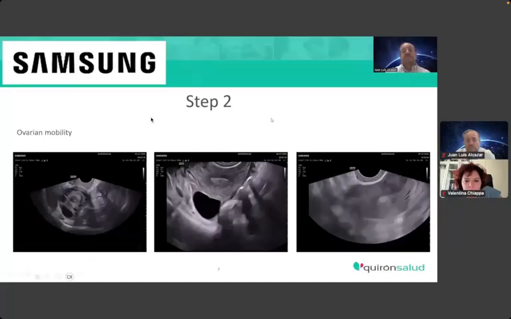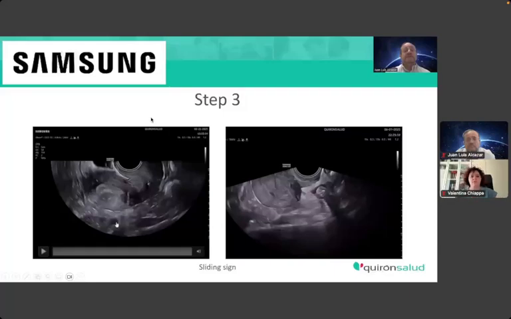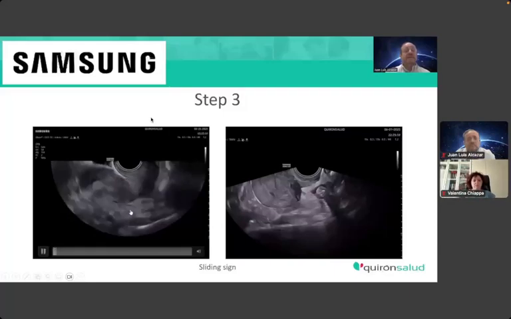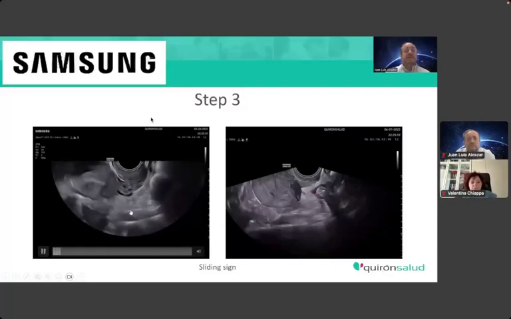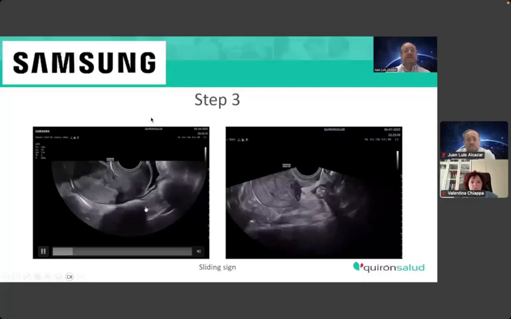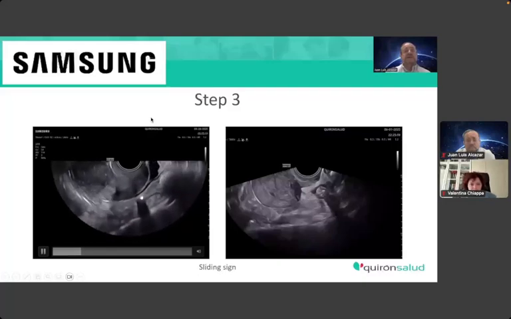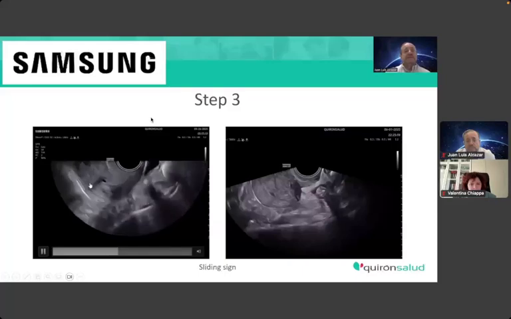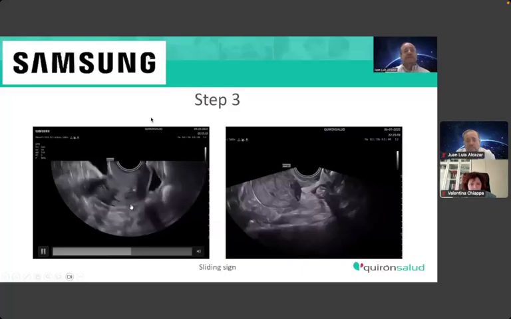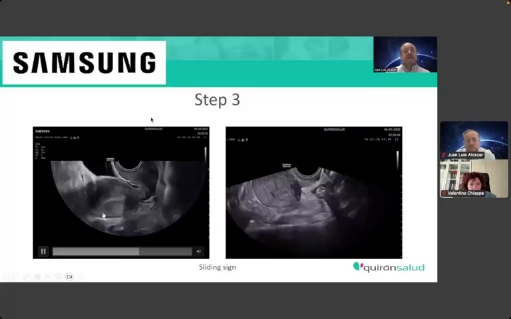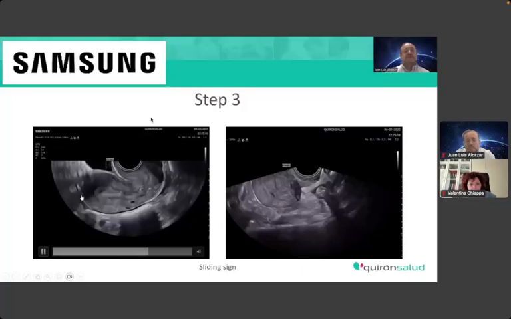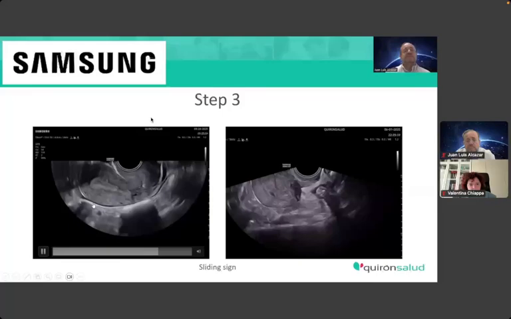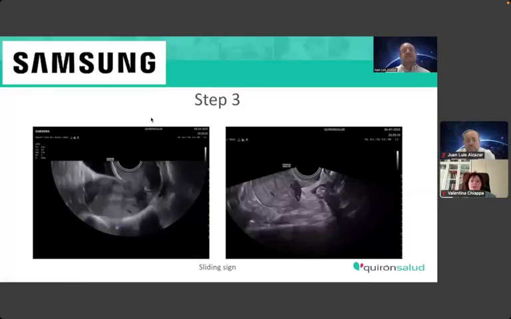And then step 3, the so-called sliding sign. You will see here a positive sliding sign in an anteverted uterus. The rectum slides over the uterus, particularly the retrocervical area and the fundus here. So this is a positive sliding sign, which means that the pouch of Douglas should be free in this patient.